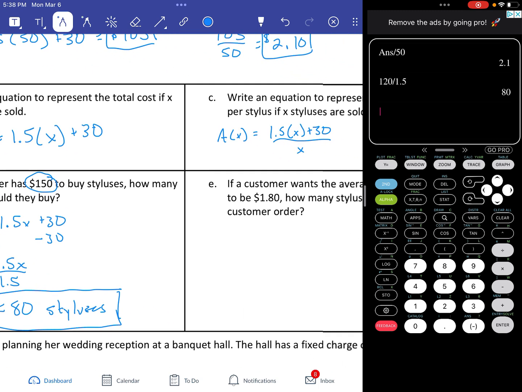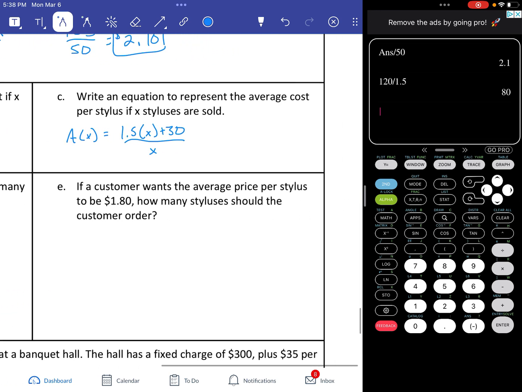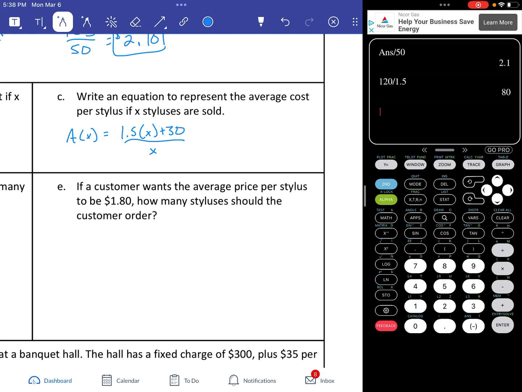All right. Last, if a customer wants the average price per stylist to be $1.80, how many styluses should the customer order? So we're going to put the 1.80, kind of like we did last problem, in for the A of x. So we got 1.8 equals 1.5x plus 30 divided by x. Well, 1.8 has a denominator of 1, so this side is missing an x. Now both sides have an x in them. We have 1.8x equals 1.5x plus 30.